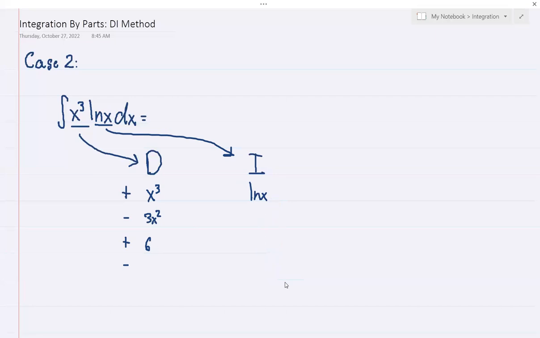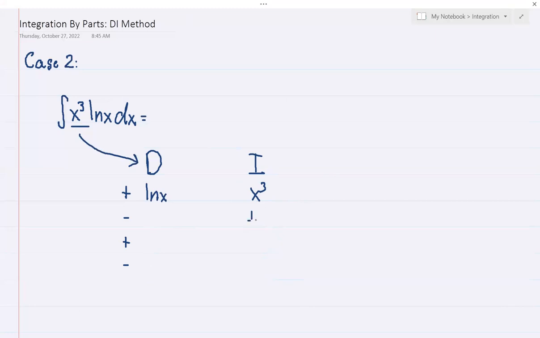Instead of putting x cubed on the D column, why not put x cubed on the I column, wherein you're going to integrate your x cubed. So here, this would be ln of x. So let's get the integral of x cubed.